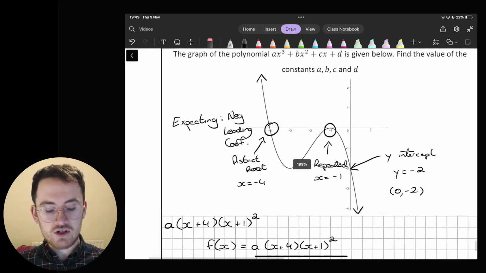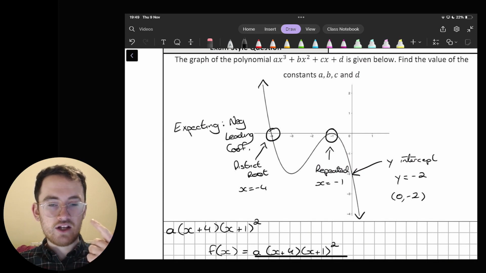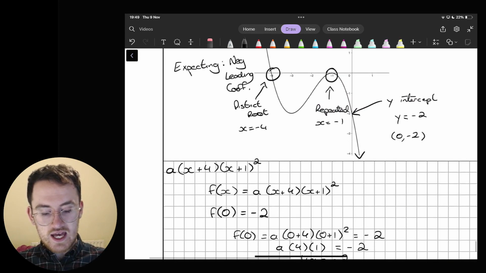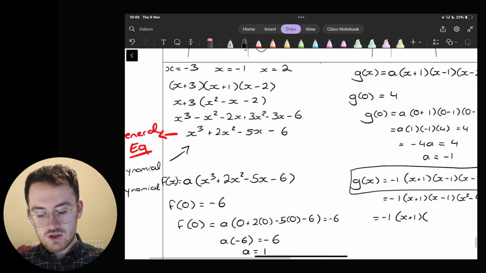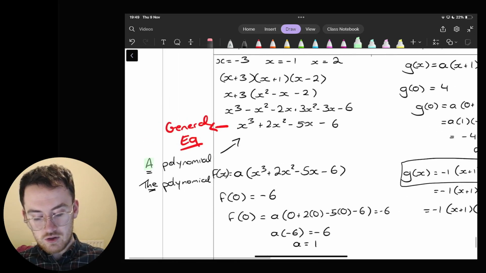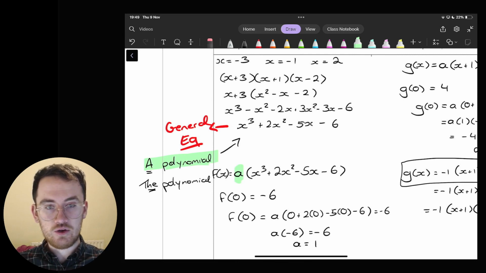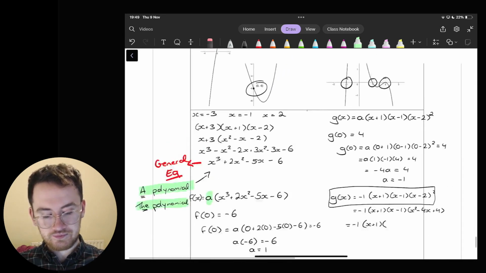Out of the two, the shape and the root behavior is the one that we've been using the most, recognizing your distinct roots and your repeated roots and bringing those together. The new thing that we've seen in those last few questions is this idea of the constant term, which is really important, and how it helps us move from a polynomial, which until we've evaluated a is just a general polynomial, to the polynomial in the question.